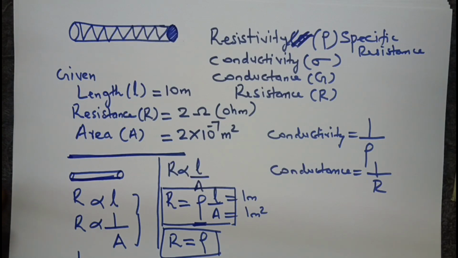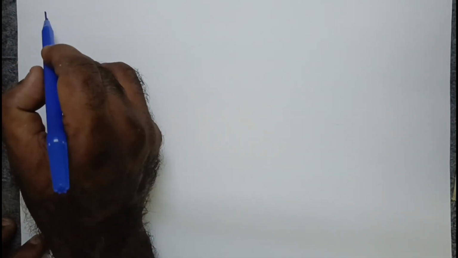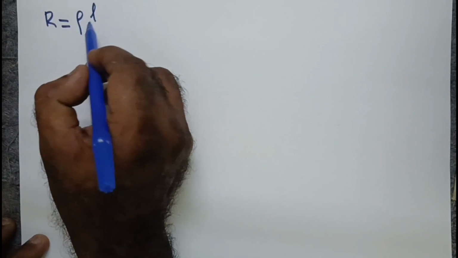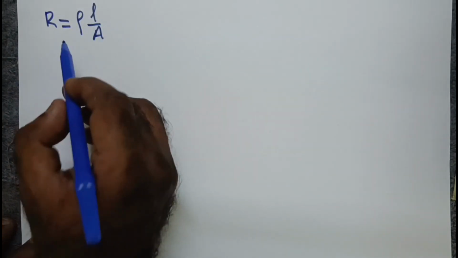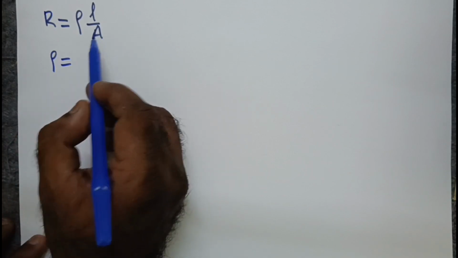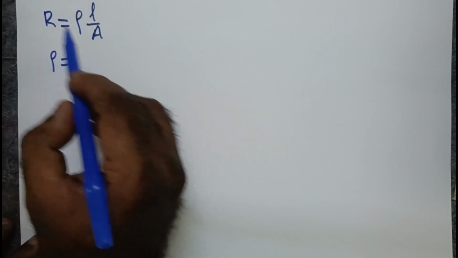Now we are going to solve problem 4. Dear children, as I said, resistance R equals rho into L by A, right? So what is rho now? Rho is equal to, now we can make some arrangements here. A comes here and L comes here, right?